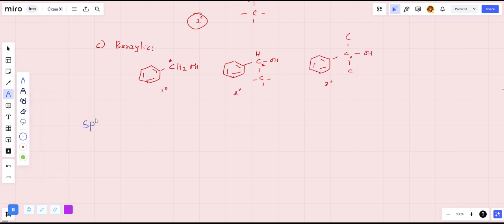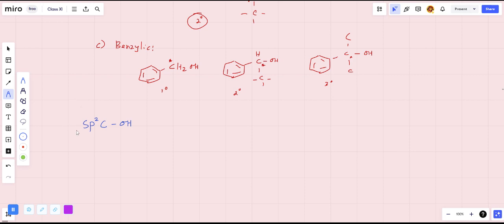So for the next one, sp2 carbon. sp2 OH is attached with the sp2 carbon. So here there are two, I think we have seen. One is vinylic and another one is phenol.